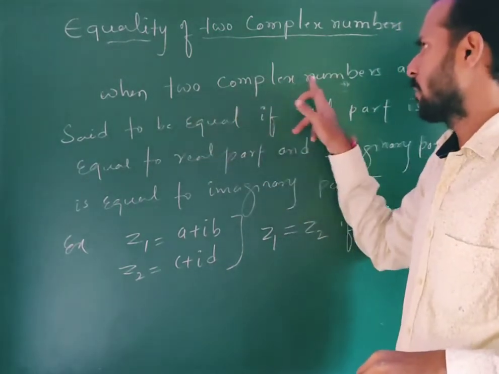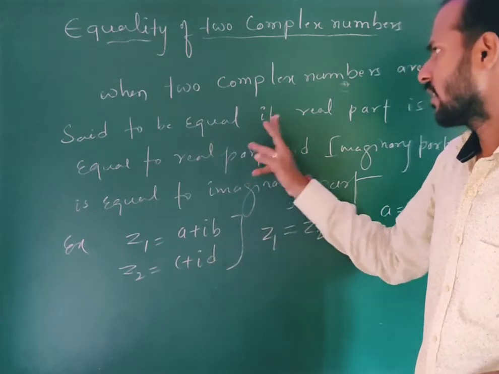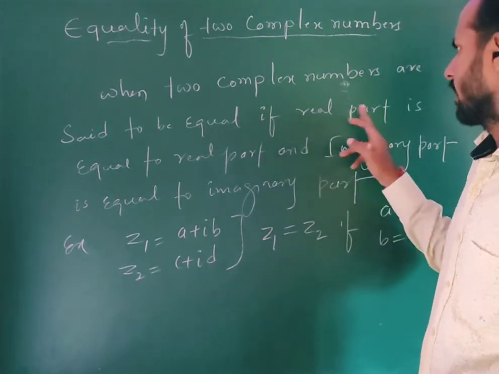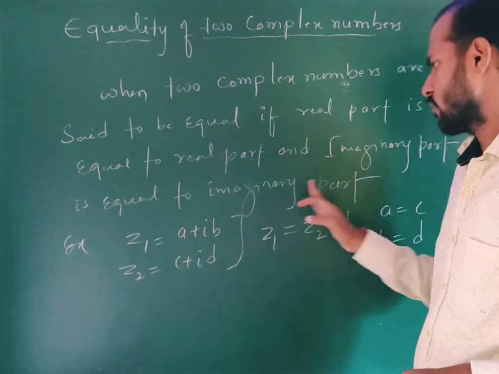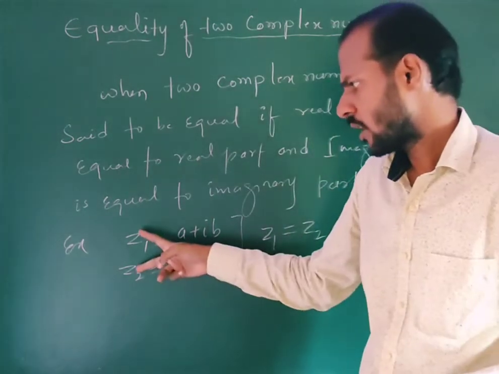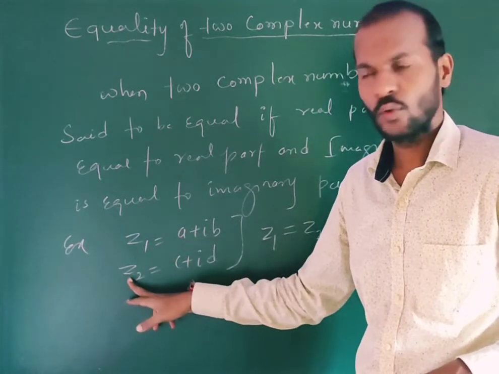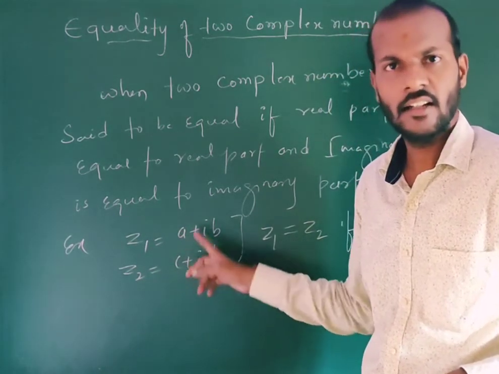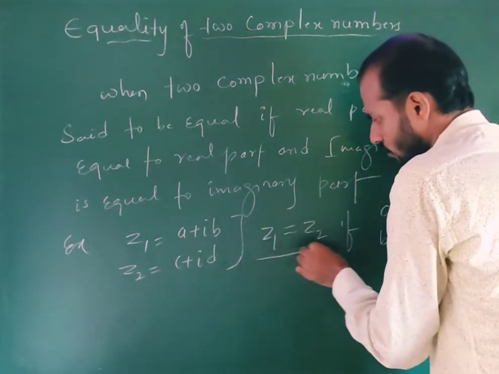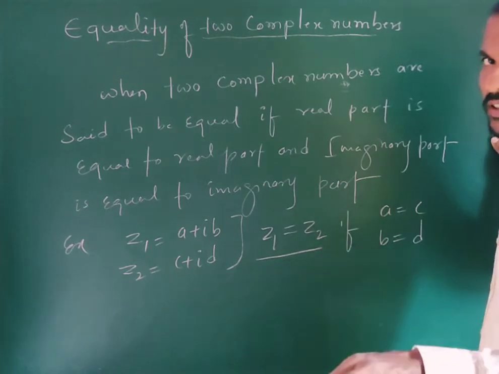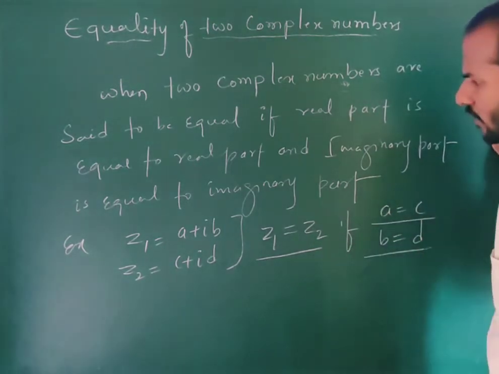When two complex numbers Z1 and Z2 are said to be equal, then real part is equal to real part, imaginary part is equal to imaginary part. Let us consider two complex numbers, Z1 equals A plus iB, Z2 equals C plus iD, right? We say Z1 equals Z2 if and only if real part equals real part and imaginary part equals imaginary part.